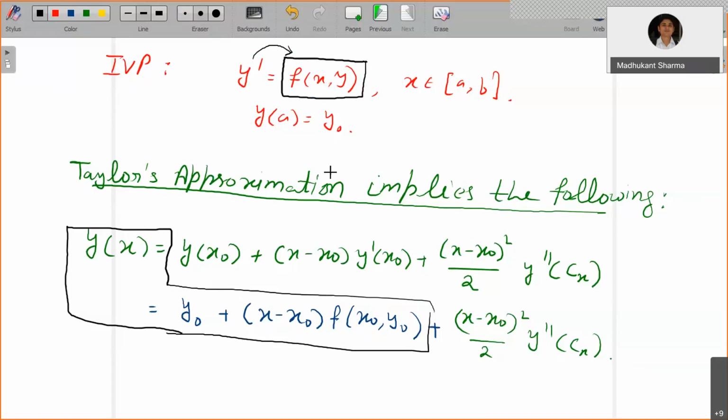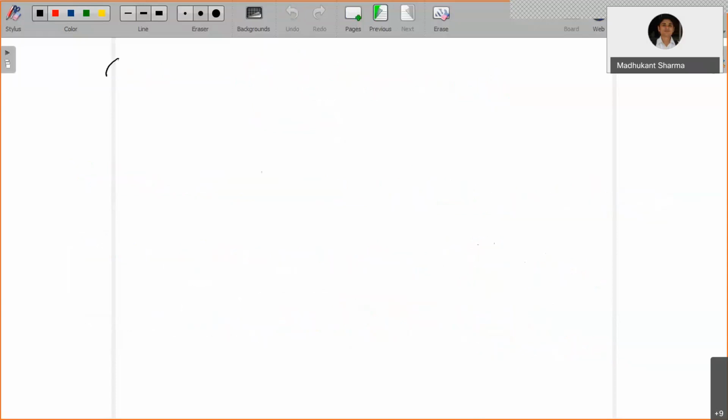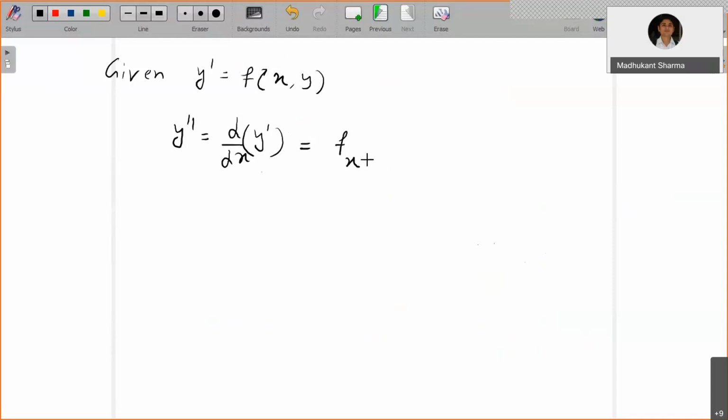Now, if we want y double dash to exist, let's calculate y double dash. Given y dash is equal to f of x comma y, what is y double dash? That is nothing but d by dx of y dash, the total derivative. Apply the implicit differentiation rule. That is f partial derivative with respect to x, dx by dx is 1, plus f partial derivative with respect to y, times dy by dx, that is y dash.